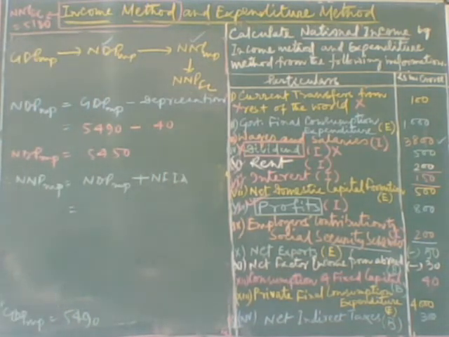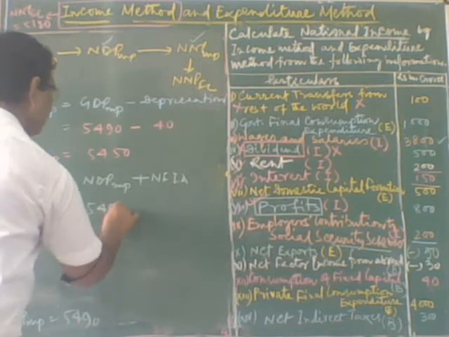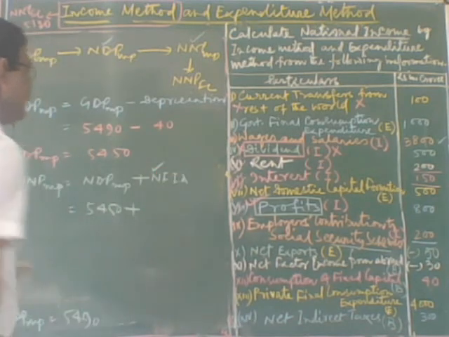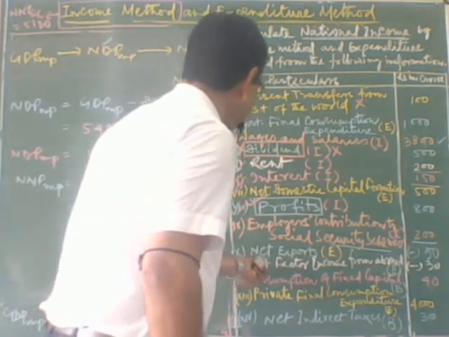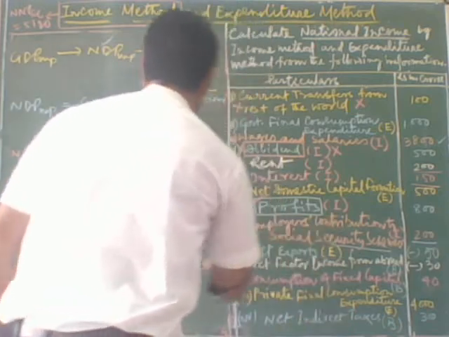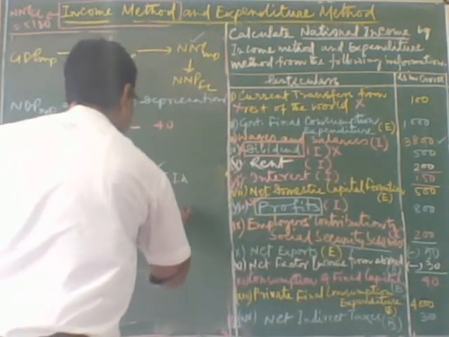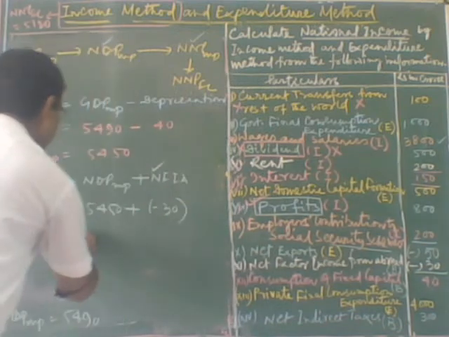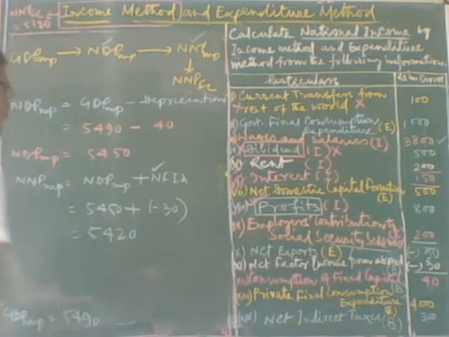NDP market price is 5,450 plus the value of NFIA, already given in the information, which is minus 30. That is equal to 5,420.